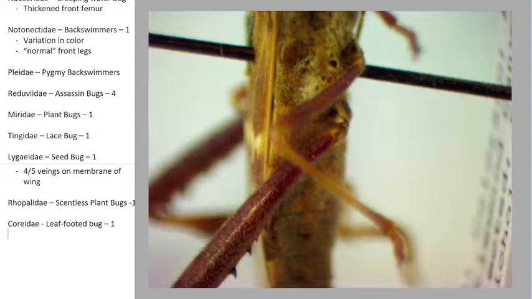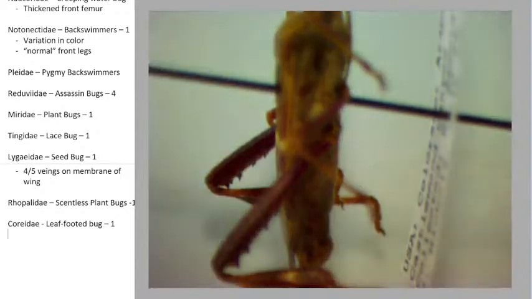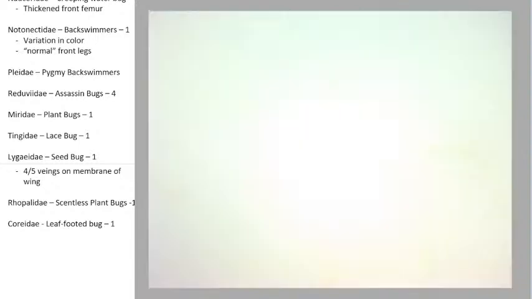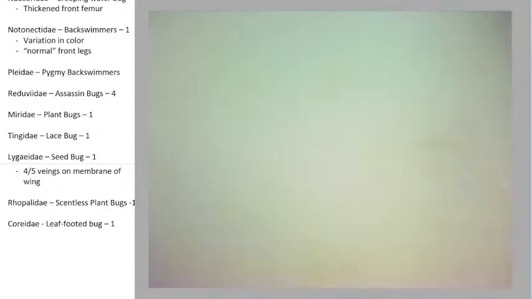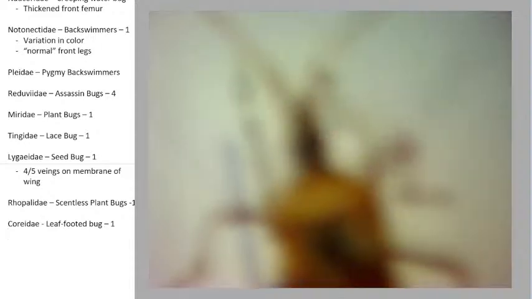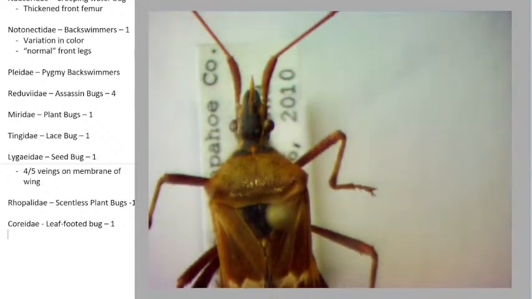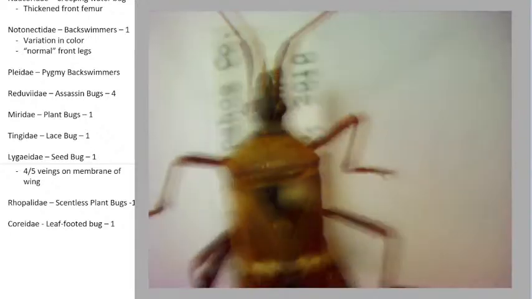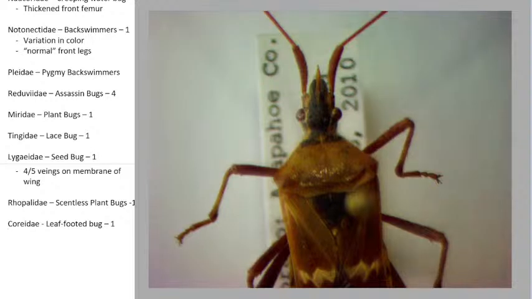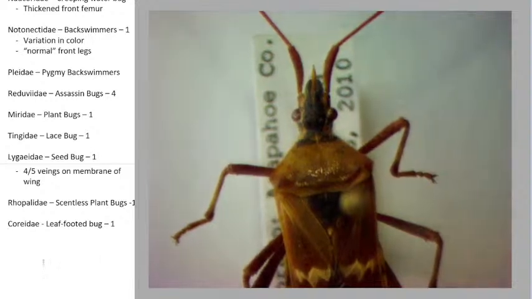All right, so there are a couple of other characteristics that all of our leaf bugs are going to have. This is our leaf bug from the top. He's got his eyes over here.